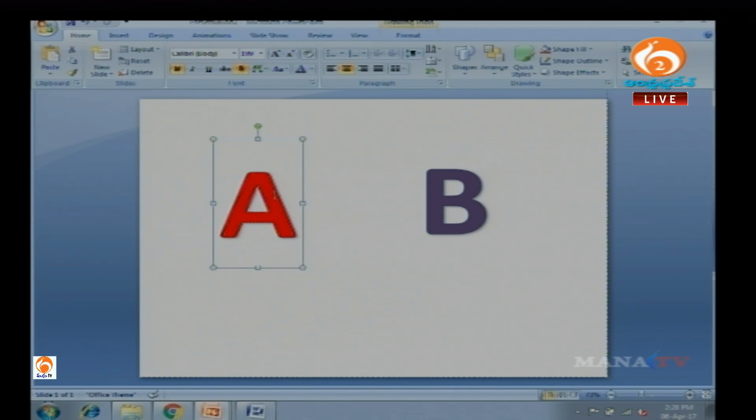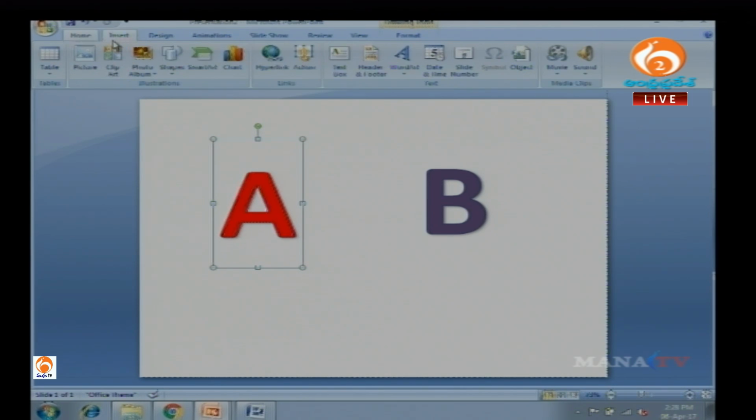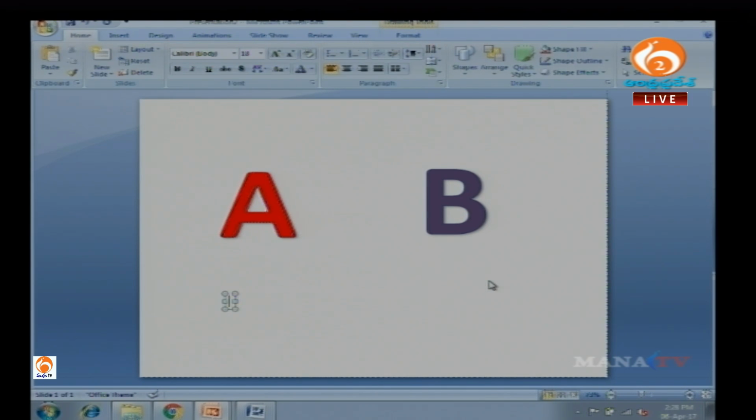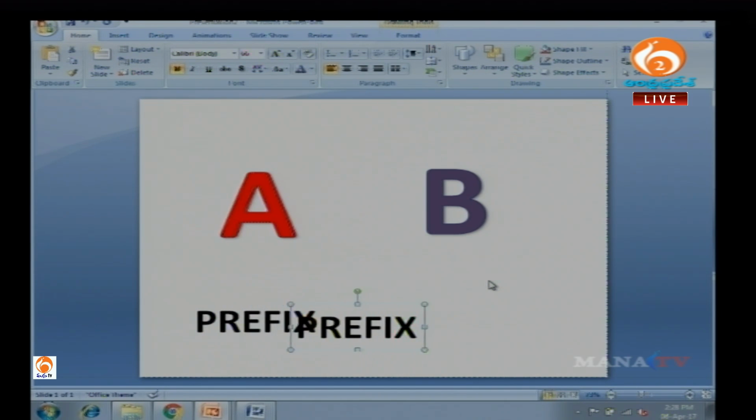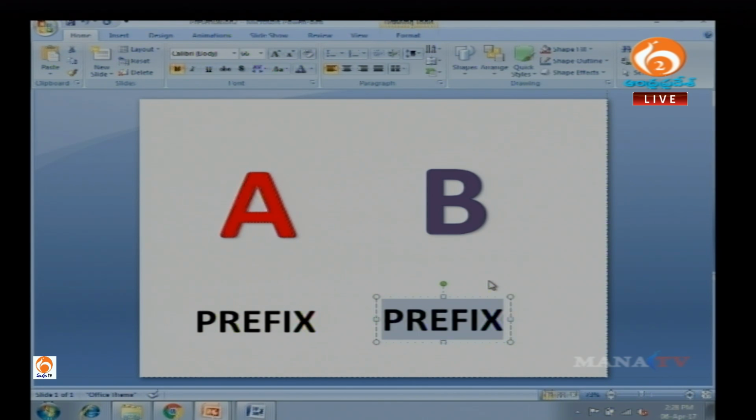Whatever is before is called prefix. So this is before, and what is after is suffix. Though it's not completely applicable in this example, I'm just introducing a topic here.